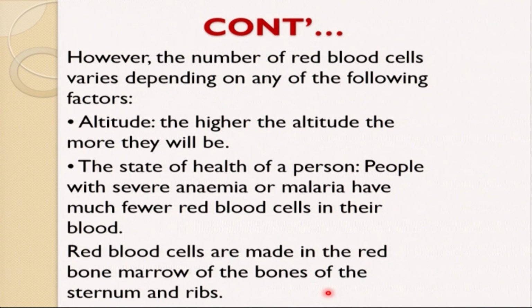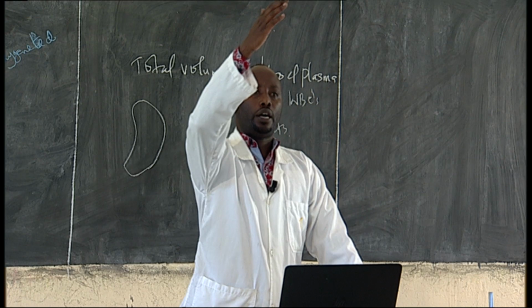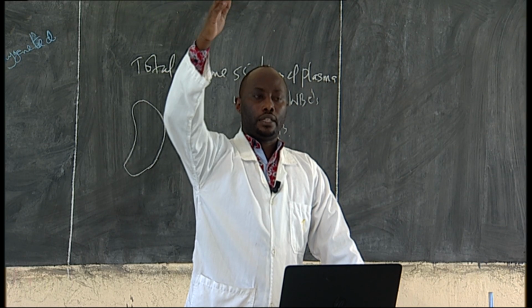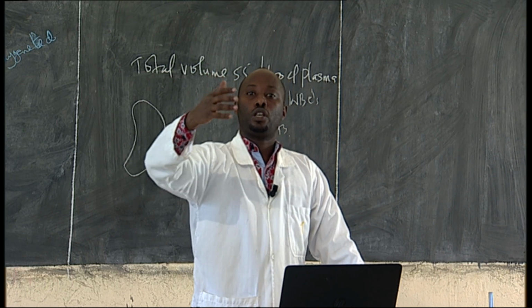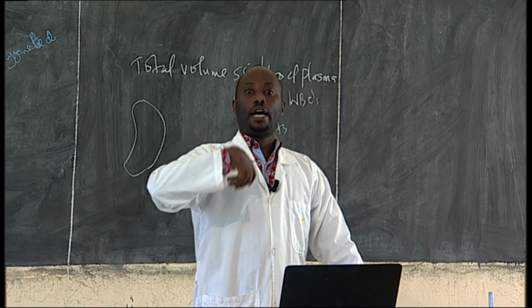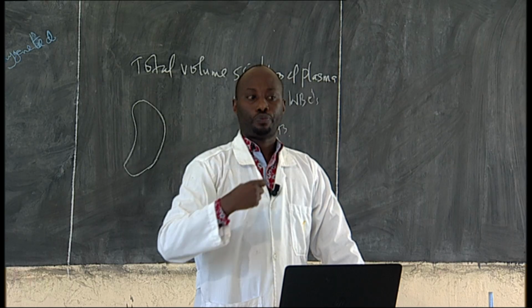Altitude: the higher the altitude, the more red blood cells a person will possess. People living in mountainous areas like Ruhengeri have a high number of red blood cells because they need more red blood cells to load in more oxygen, because the higher you go, the more oxygen you need.